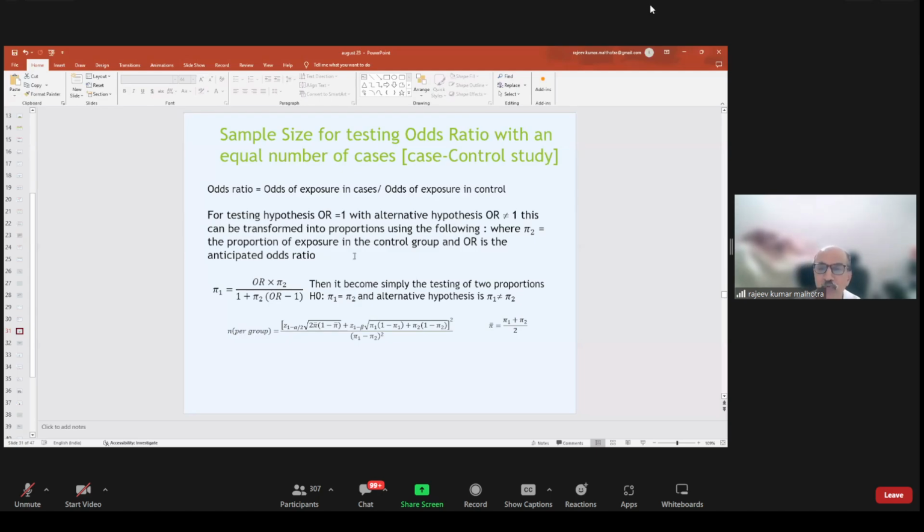If we get these two from a previous study, we can find the proportion pi1 using this formula: odds ratio multiplied by proportion 2, divided by 1 plus proportion 2 times odds ratio minus 1. When we get this pi1 and pi2, we can use the formula we used previously to find the sample size.